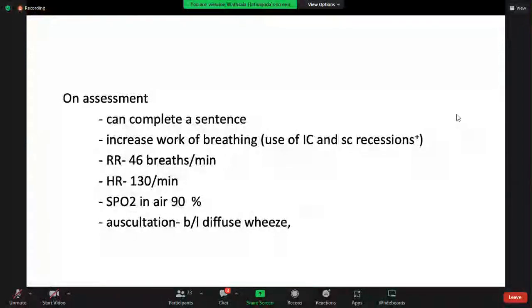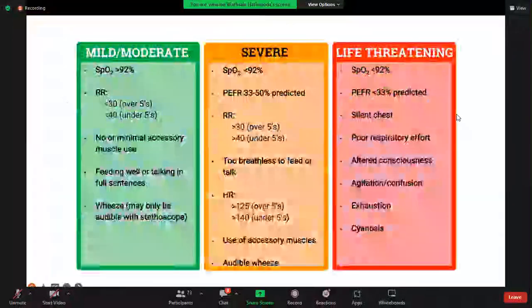I think it's severe, madam, because we go for the maximum in any of the parameters that we have discussed. So here, SpO2 is around 90%, which falls in the category of severe asthma, whereas less than 89 is life-threatening.